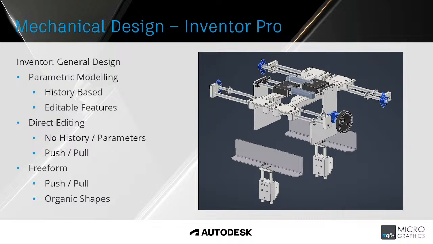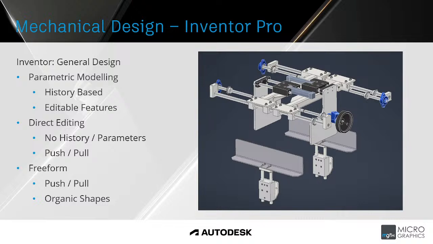Essentially what parametric modeling means is that your design is history-based. You'll enter in sketches and dimensions with numbers, how long, how wide the part is, and you'll then create features like extruding to give the thickness, adding a fillet to add a radius.